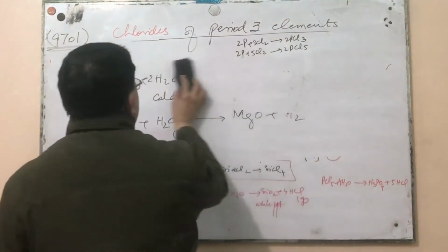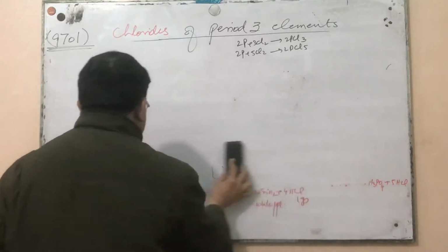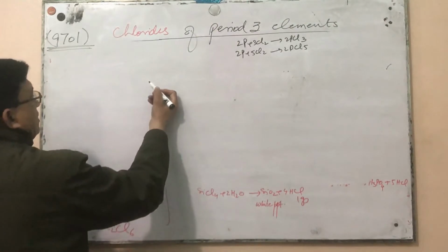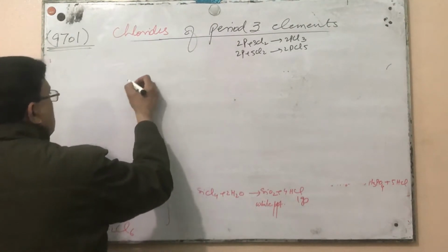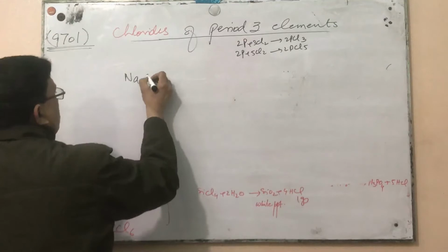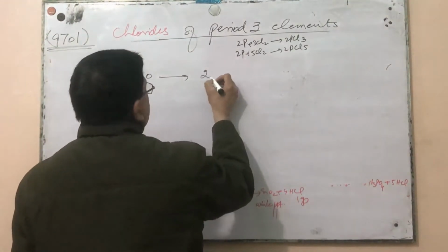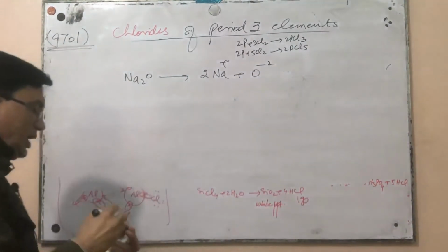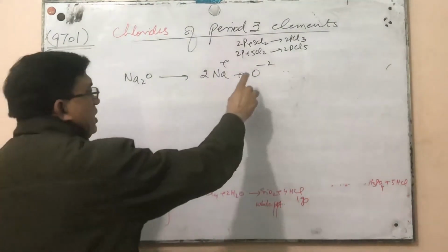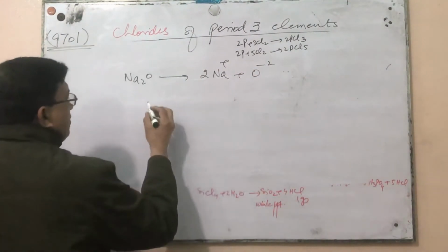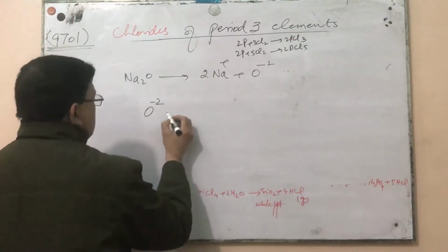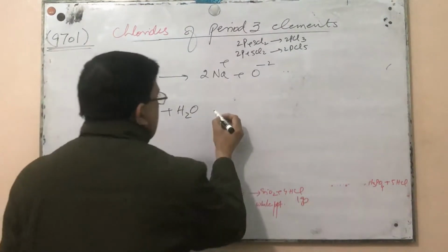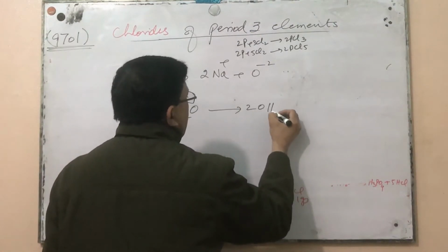Next are the oxides of alkali metals and alkaline earth metals. They are strongly basic. Why? Because in the case of Na2O, it will be ionized, producing 2 Na positive ions plus oxide ion. Now, this oxide ion produced immediately reacts with water, and as a result, it immediately produces hydroxide ion.